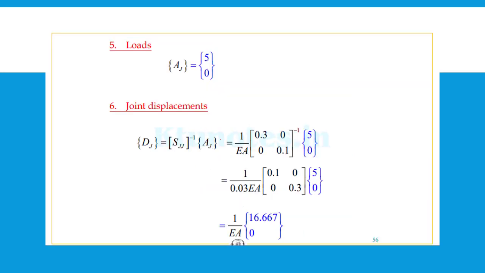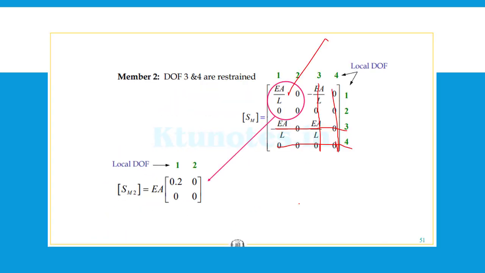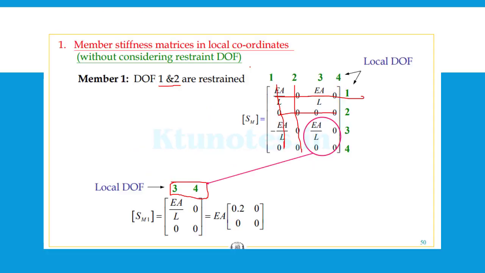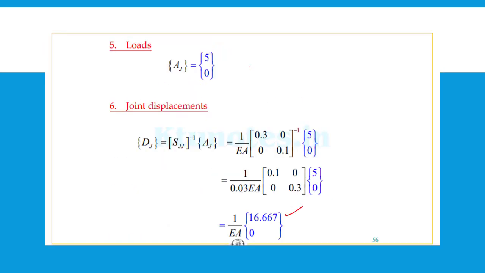And the joint displacement DJ is equal to SJJ inverse into AJ, which is 1 by EA into 0.3, 0, 0, 0.1 inverse into 50, which will give you 1 by EA into 16.67, 0. So this will be the joint displacement, and this 16.67 by EA will be the deflection at the top point in this direction, because the load is acting in the horizontal direction and there is no vertical displacement.